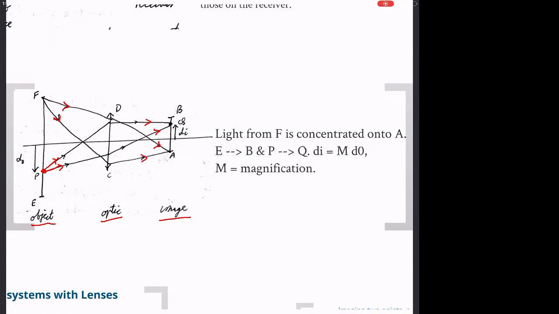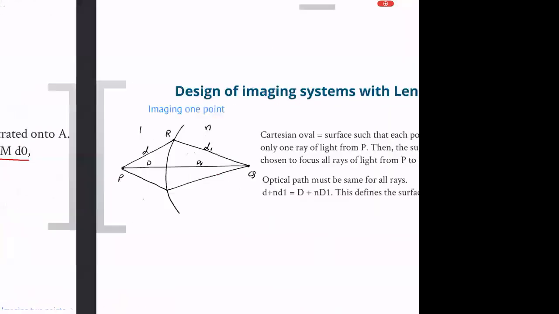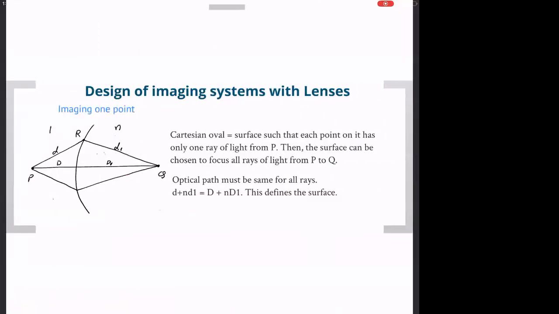If it's a simple lens, we have a magnification M, which gives that the size of the image is equal to the magnification times the size of the object. We all know this, and also that the image is inverted. In other words, if I have an arrow pointing down, it forms an image of an arrow pointing up. So these are basic concepts in imaging systems.